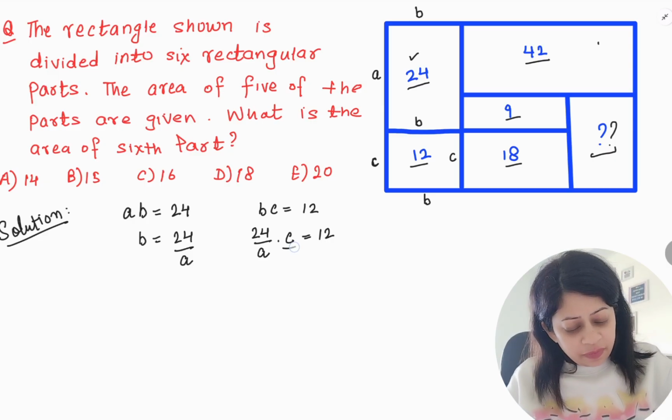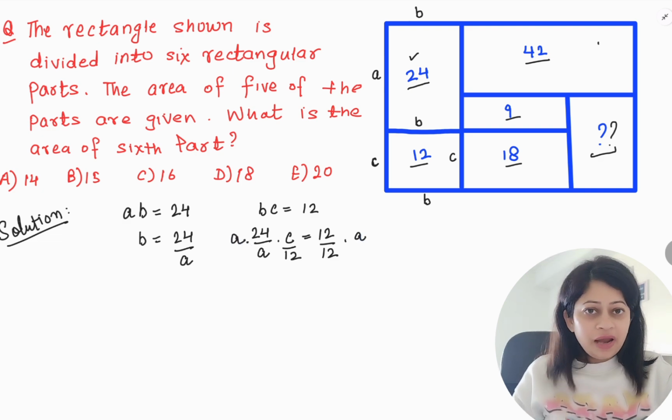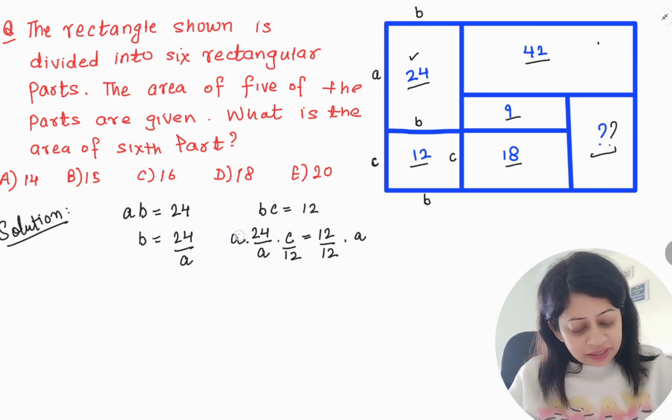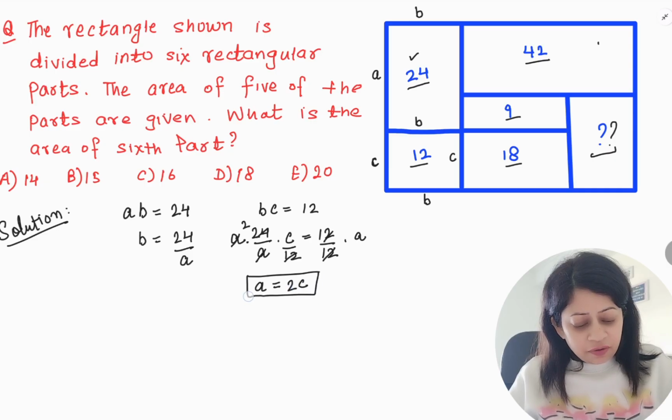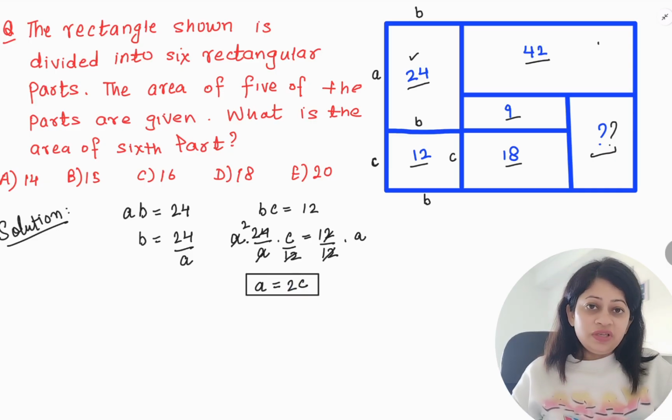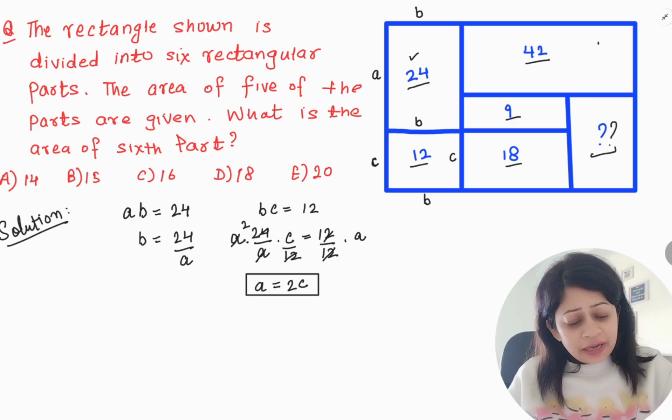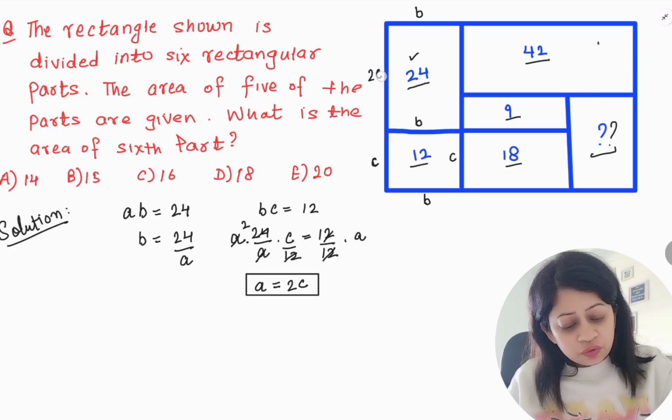If I divide by 12 on both sides and multiply by A on both sides, I will cancel out A, cancel out 12, and I will get A is equal to 2C. Are you getting it? What did I get? That A is 2C. So that means instead of this A variable here, I can write 2C.